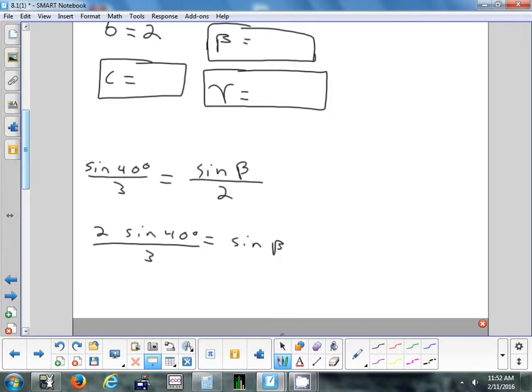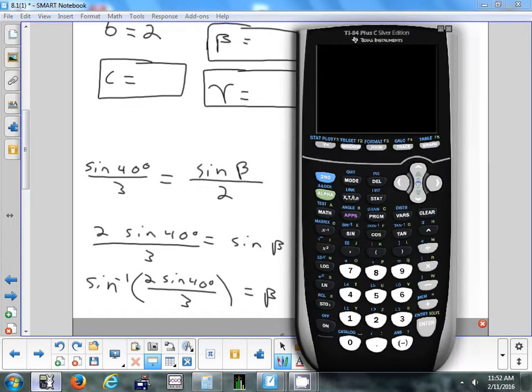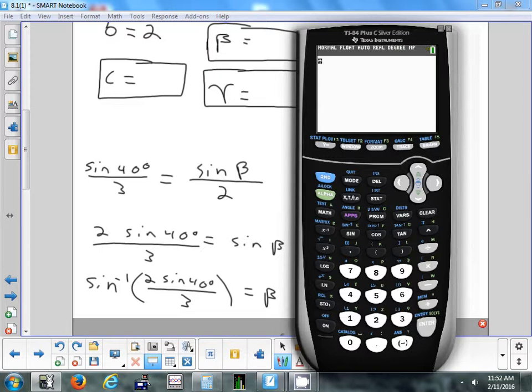Now we have to do inverse sine of 2 sine 40 over 3. Let's type that in and see what we get. Inverse sine of 2 sine 40.